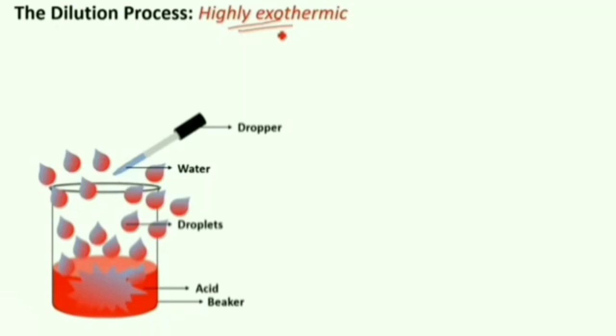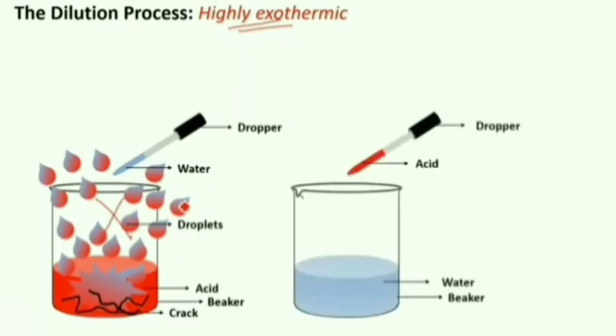You could see that a lot of heat fumes are released at a moment, and the moment it touches the acid, the heat evolved is so high that it starts splashing of acid droplets. These droplets may cause burnings and break the glass container, leading to an accident. My dear children, never ever try this, not even for fun.